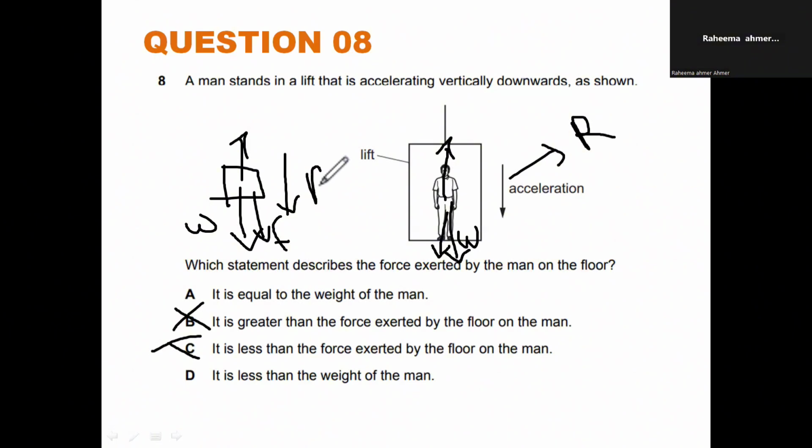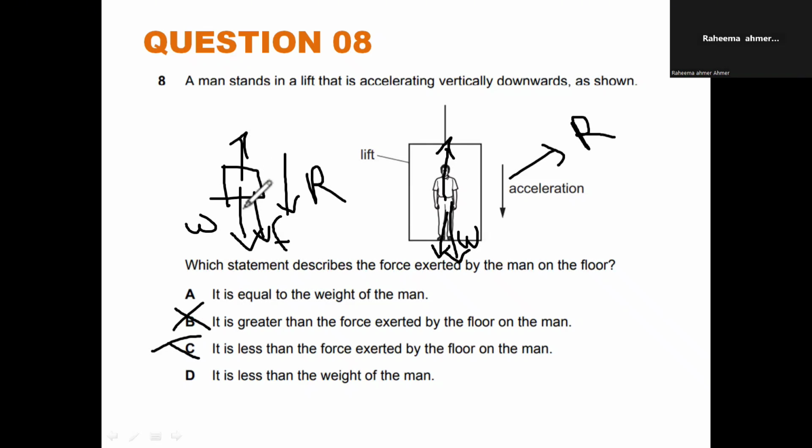Since these two forces are equal, being an action-reaction pair, the weight must be greater. So this force must be smaller than the weight so that the resultant force is pointing downwards. These two forces would cancel out, of course, and the remaining would be only the weight.